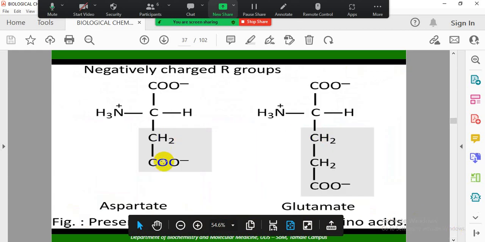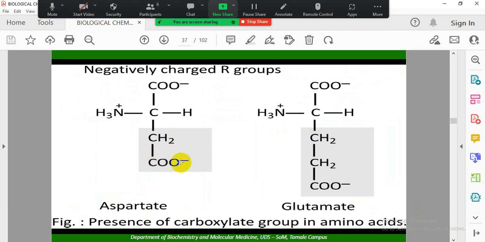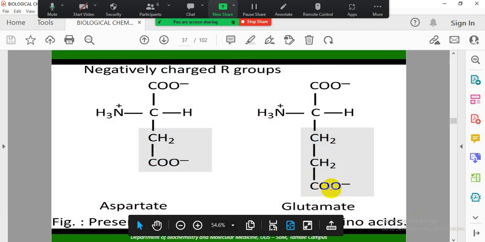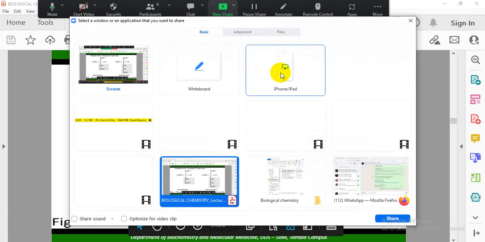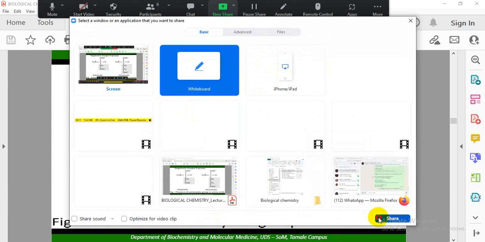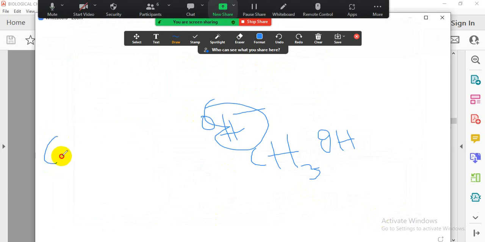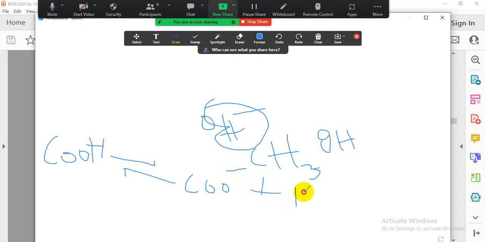Negatively charged R groups means that it has what? The proton has left, leaving COO minus. COO minus. This is a carboxylic acid. So let's go to the whiteboard and let me explain. So you can see COO minus. Oh, okay, COOH gives rise to COO minus plus a proton.